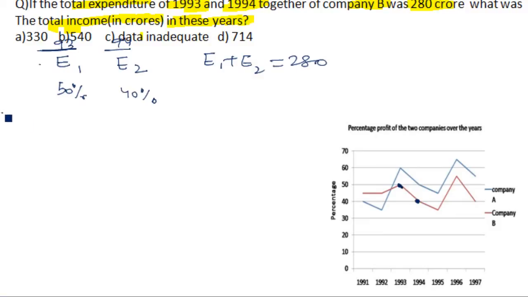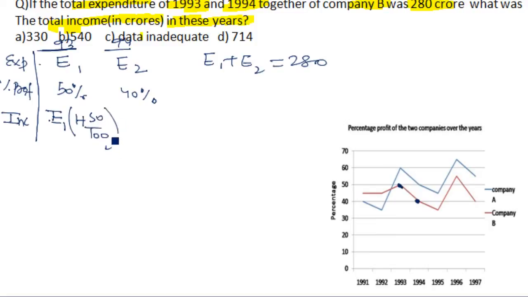So this is expenditure, this is percentage profit, and this is income. Income becomes, using the formula, E1 into 1 plus 50 by 100, like I have taught you in previous questions, right?